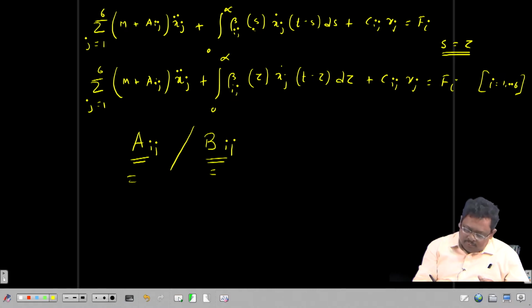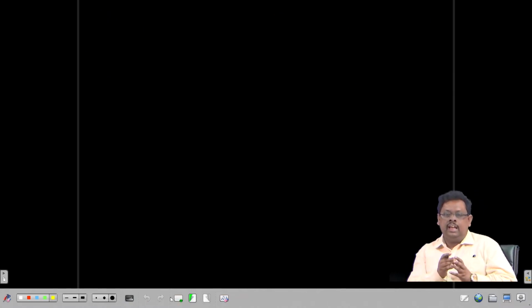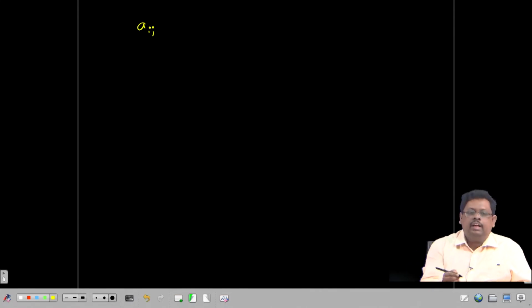Now, in order to get a_ij and b_ij, we need the solution in the frequency domain. Suppose I have a frequency domain solver with me, and then I have some added mass component a_ij.